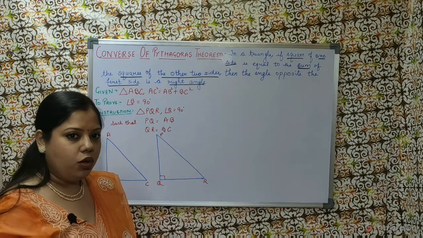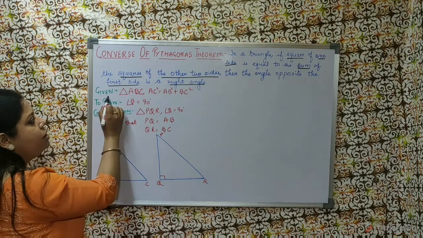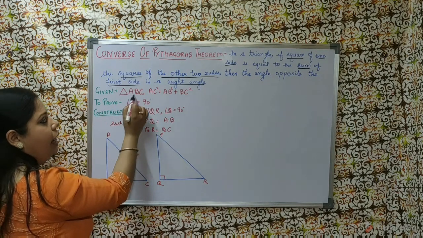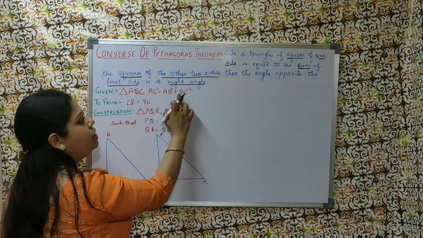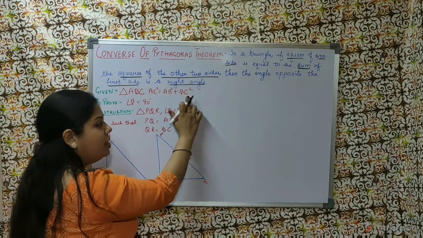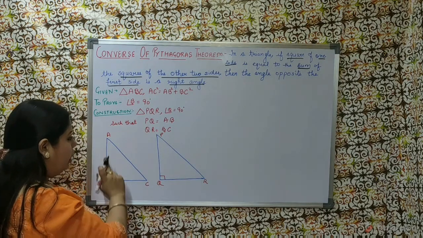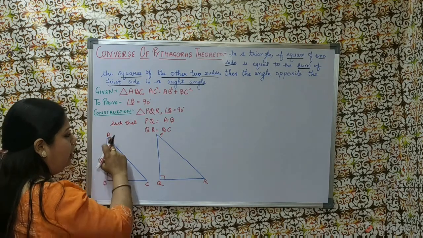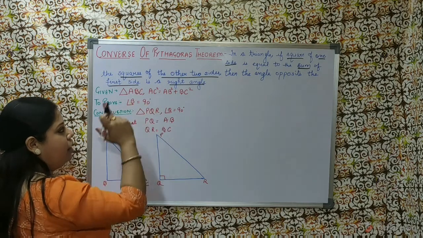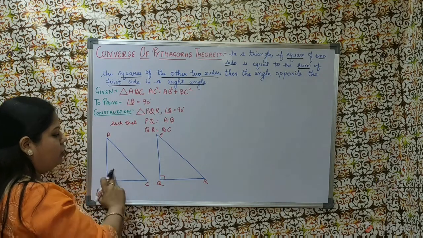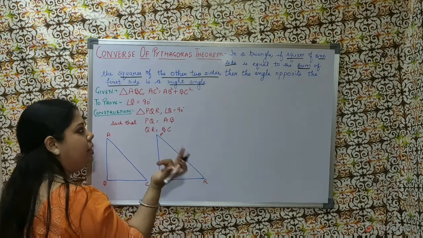So let's see how to prove this. First of all, we will write what is given to us. Any triangle ABC in which AC square is equal to AB square plus BC square. I have taken an arbitrary triangle ABC in which one side square, that is AC square, is equal to the sum of squares of the other two sides, that is AB square plus BC square.